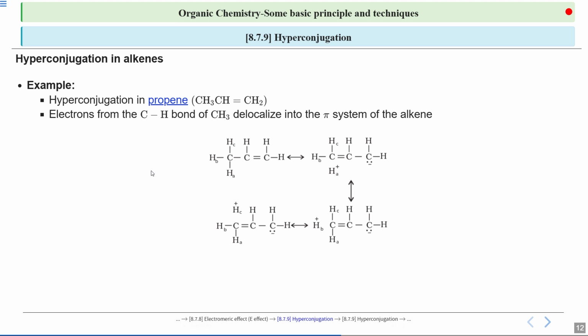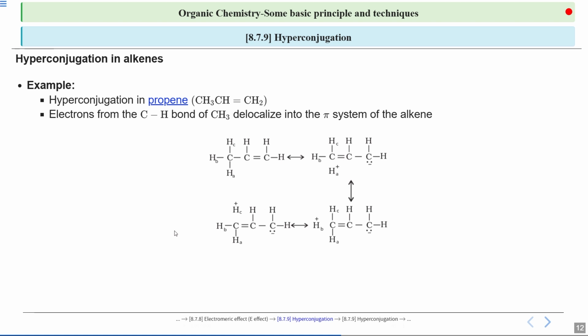You can see here that the sigma bond between carbon and the HC hydrogen is being moved onto the next bond, and that creates the movement of the pi bond onto the carbon, creating a negative charge on the carbon. Similarly, the same can be done by HA, by HB, and by HC.